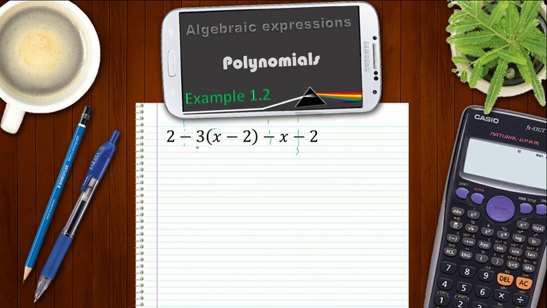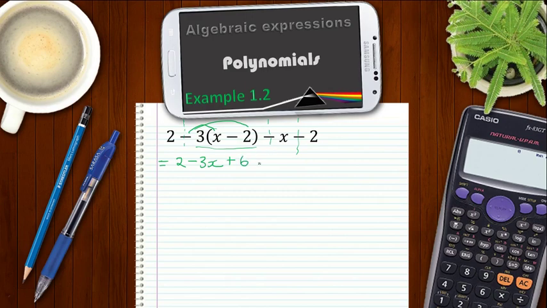So this is one term, and this is the only term that we can actually multiply out at this point. So I'm going to say 2. Then to multiply it out, I take the negative 3 inside the bracket. So it becomes negative 3x, because minus 3 times x is negative 3x. Then minus and a minus gives me a plus. So this becomes plus 6, because we say 3 times 2.